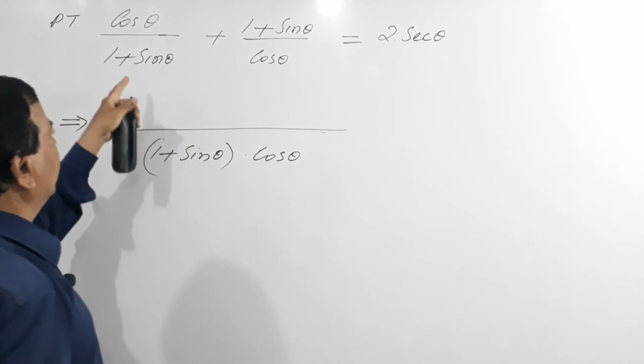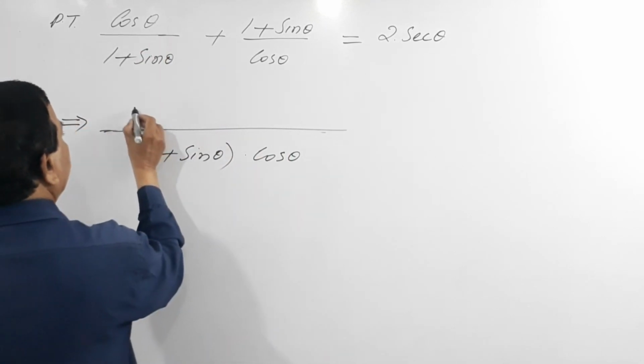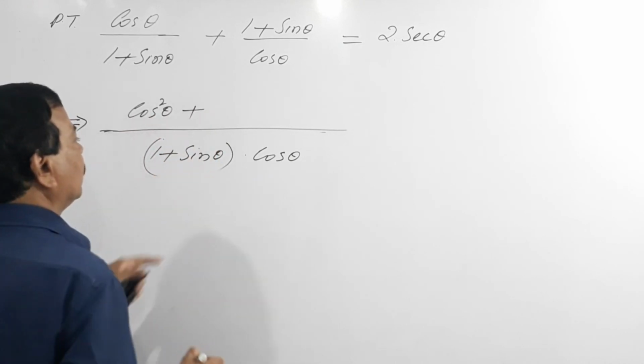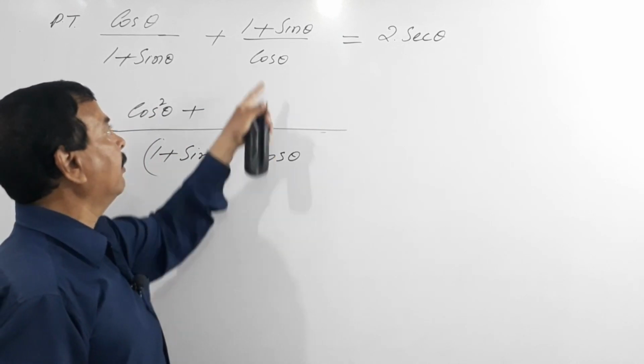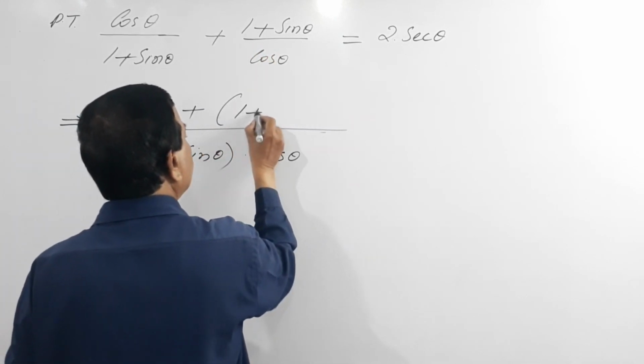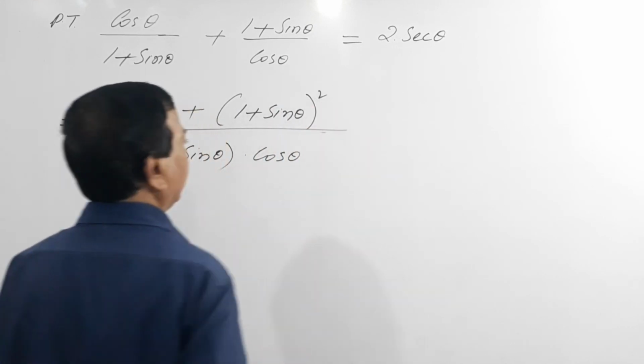So 1 plus sin theta cancels. Cos into cos becomes cos square theta, plus cos and cos cancels. We are left with 1 plus sin theta and 1 plus sin theta the whole square.